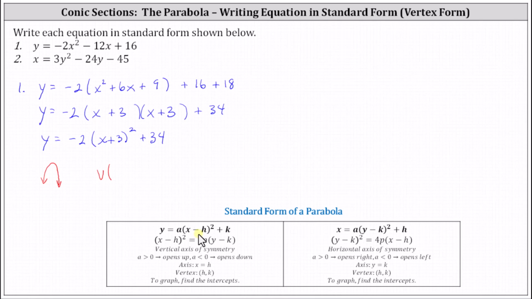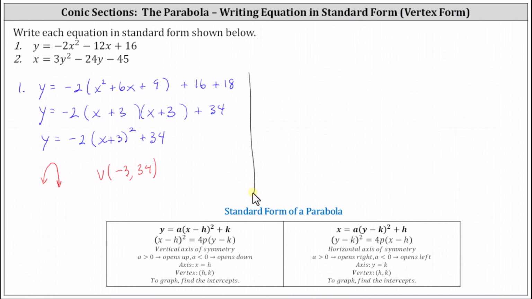Looking at the form of the equation, because we have the square of x plus 3, and x plus 3 is equivalent to x minus negative 3, h equals negative 3, which is the x-coordinate of the vertex. And because you have plus 34 on the end, k is positive 34, which is the y-coordinate of the vertex. So again, by having the equation in this form, we know the parabola opens down and has a vertex of negative 3 comma 34.